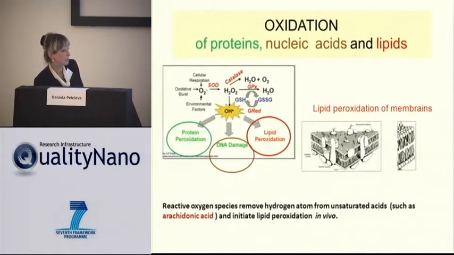The mechanism of oxidative stress, as we have heard in the previous presentation, the effects can be studied by several methods, and usually the markers of protein oxidation, DNA oxidation, and lipid oxidation are used.